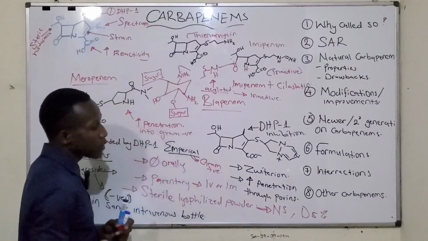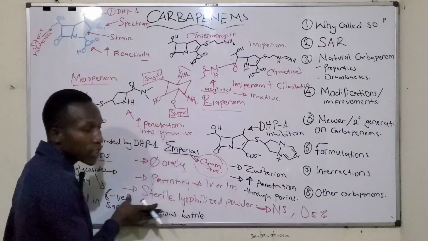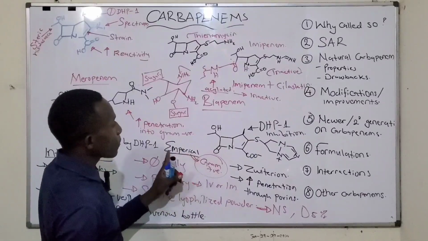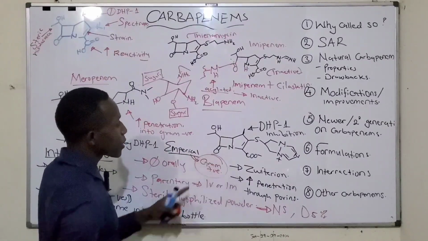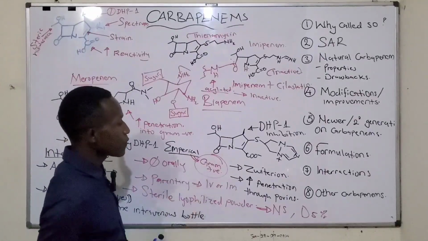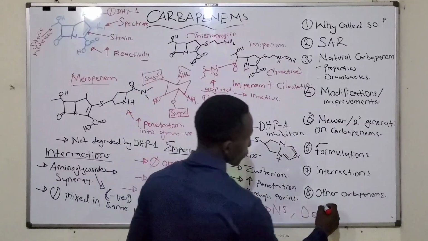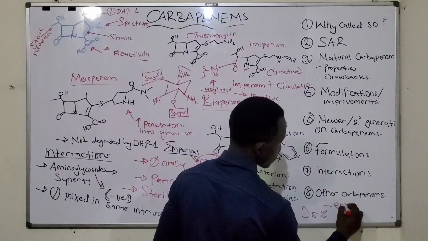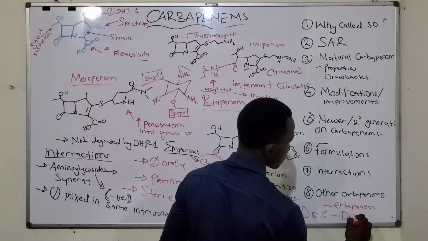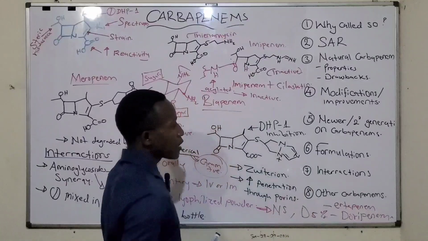Because these drugs have more activity on the gram-negatives, for empirical therapy they are administered with broad spectrum antibiotics with activity mostly on the gram-positives. Then for other carbapenems, here we have ertapenem, we have doripenem, among others. There are very many.